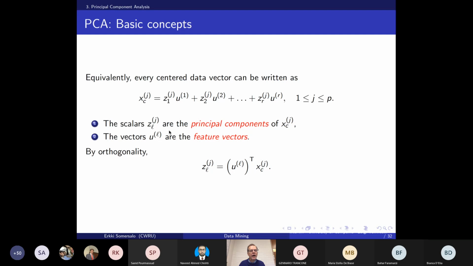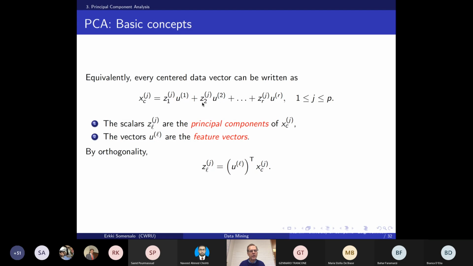Now, if I know the feature vectors and I want to find the principal components, we don't have to go back to the singular value decomposition if the feature vectors are given, because these feature vectors are mutually orthogonal. And so if I have the jth data vector and I take the inner product with the Lth feature vector, that automatically returns the Lth principal component. So we are just using the orthogonality of the feature vectors to get back to the principal components.